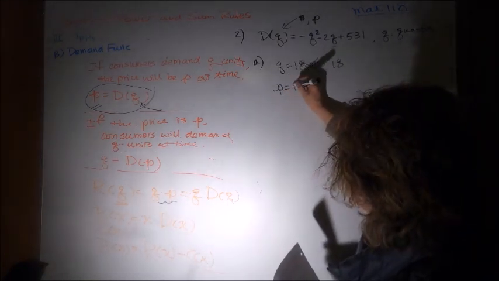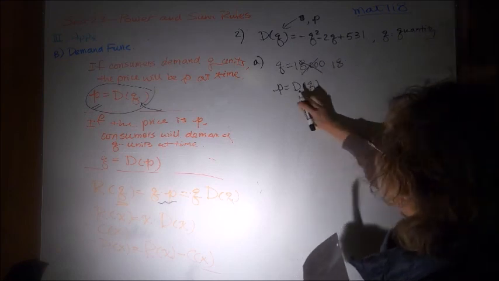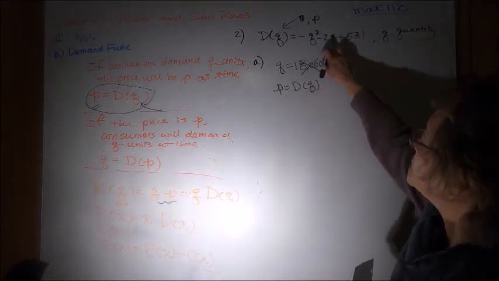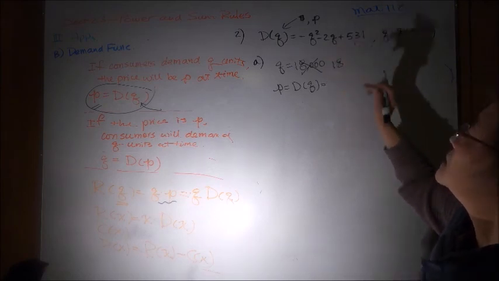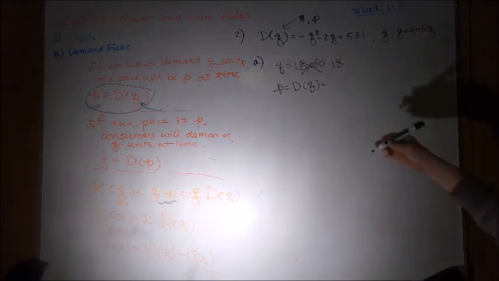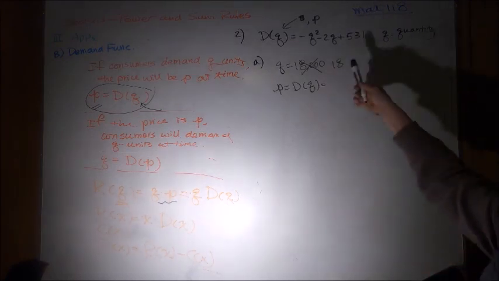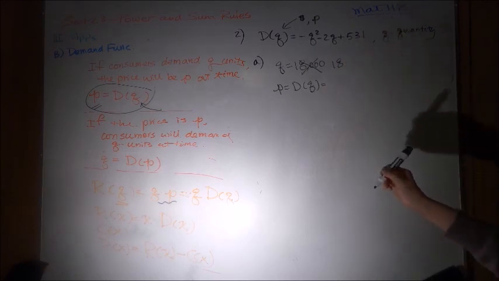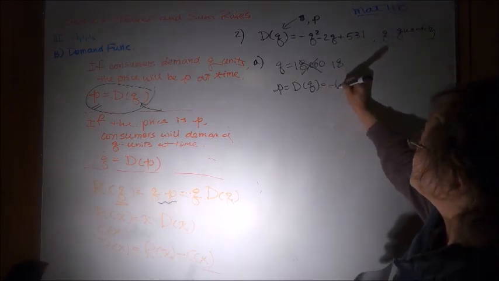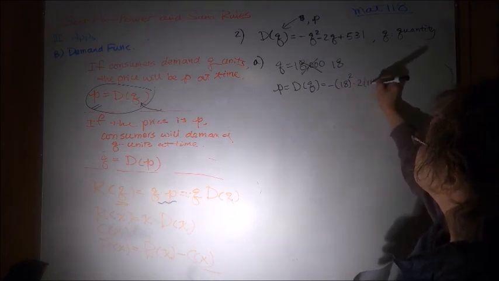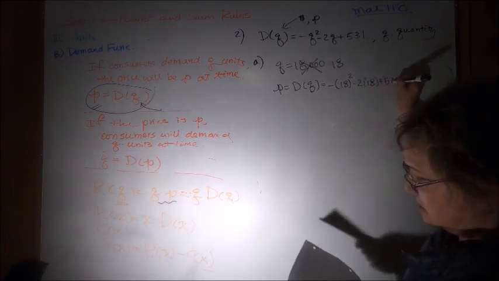Price is according to your demand of the quantity, which is Q. Then according to the prediction of the demand, somebody studied it according to that function. So you will plug in 18 to the square minus 2 times 18 plus 531.